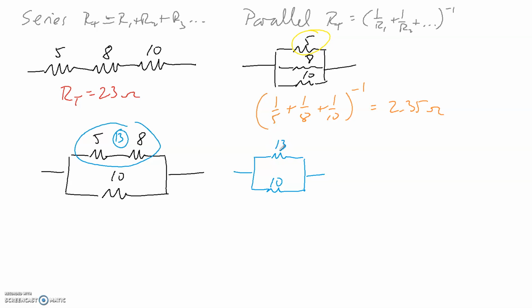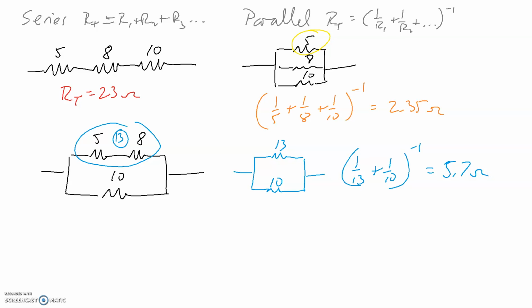We have the same effect. Now I just have two resistors in parallel with each other. So I'll do 1 over 13 plus 1 over 10, and then invert that sum, and I'd have the total resistance for the setup. I know that total resistance has to be less than 10. If we actually do the calculation, we get around 5.7 ohms altogether.